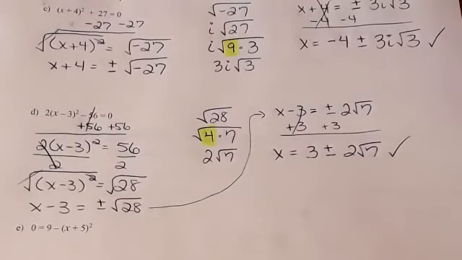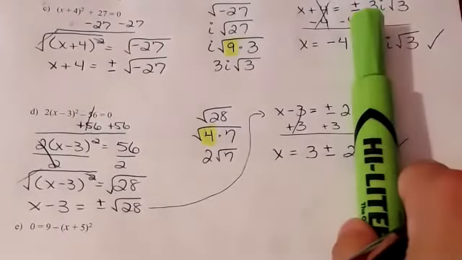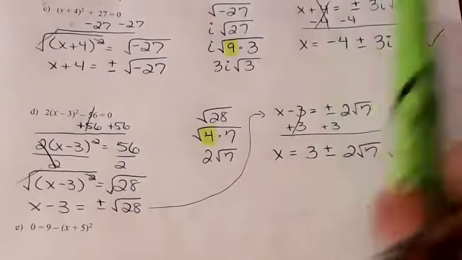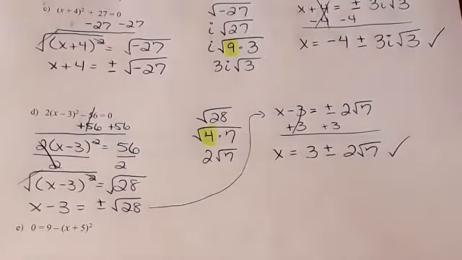For instance, if it were just 3 plus or minus 2, I would say 3 plus 2 is 5 and 3 minus 2 is 1. I would say my answers are 5 and 1. But because this is 3 plus 2 square roots of 7 and 3 minus 2 square roots of 7, those are your 2 answers. And they're actually not like terms, so you can't combine them.